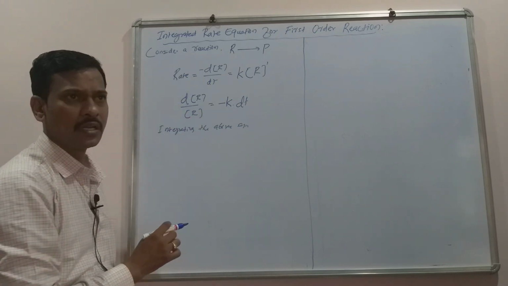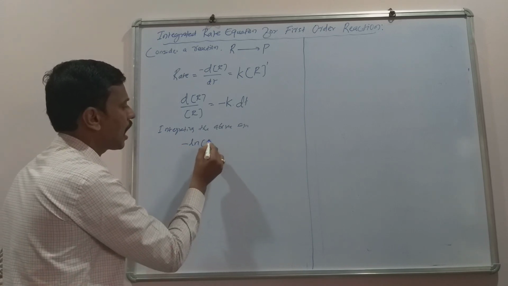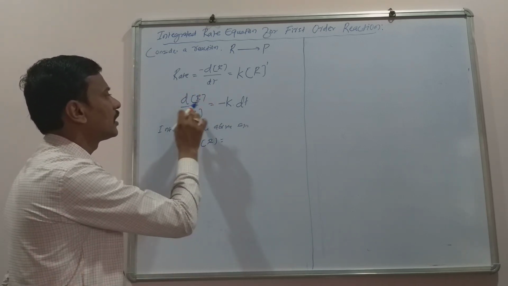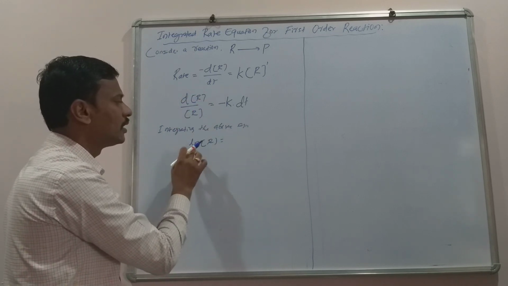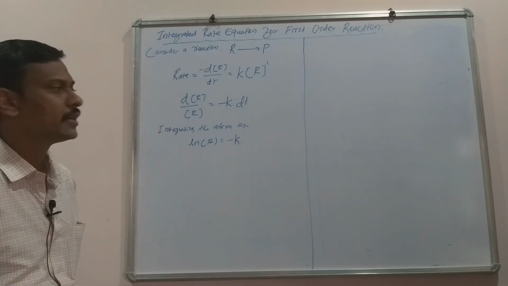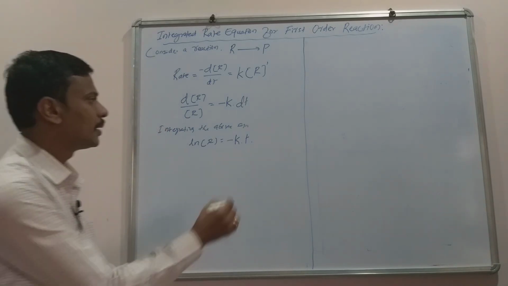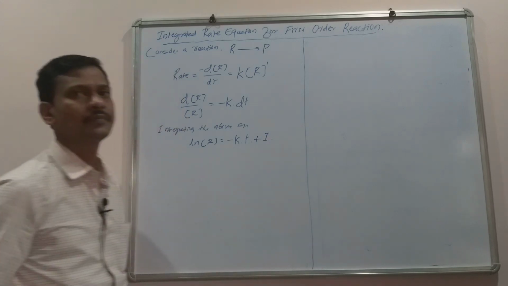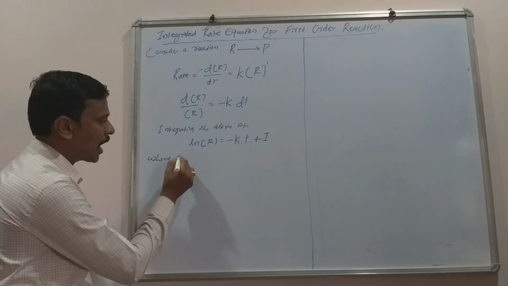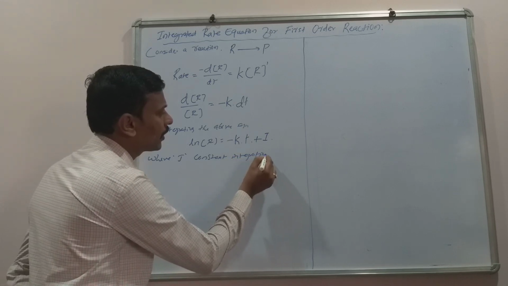Similarly, integration of dR upon R is ln R, which is equal to minus k, integration of dt is t, plus I. Where I is, as you know very well, the constant of integration.